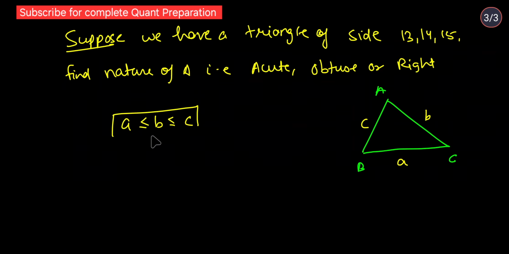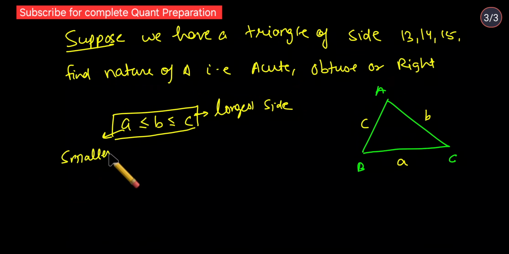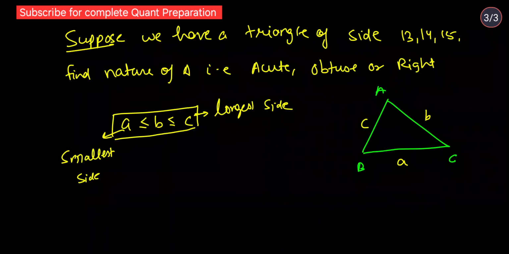So A should be less than or equal to B, which is less than or equal to C. So I can say C is the largest side here, or I can say longest side, one and the same thing, largest and longest. So C is the longest side basically, right? And A is the smallest side. So whenever we are writing the sides of the triangle, they should be in the following order, right?